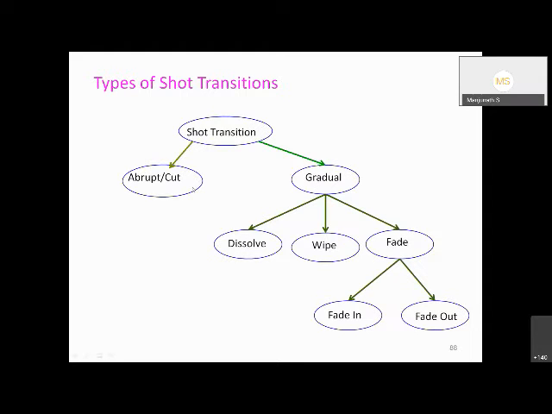Cut means, as I showed, there is a sudden change from one frame to another frame, and that is a shot. Identifying the cut transition is very simple, and they have achieved more than 99% accuracy. The other one is gradual transitions, where from one shot to another the frames are mixed very slowly using some graphical effects. They use graphics to merge two shots, like dissolve, wipe, fade in, or fade out.